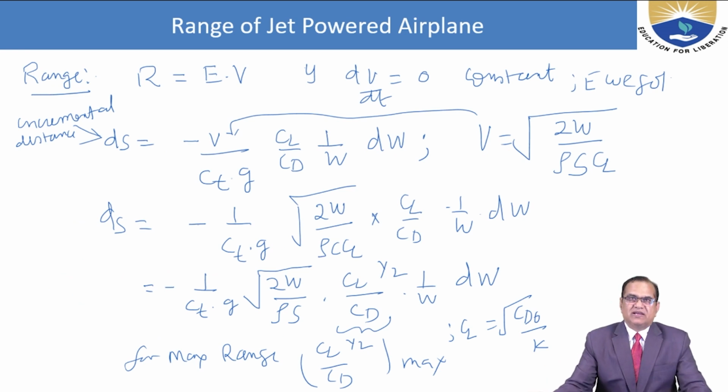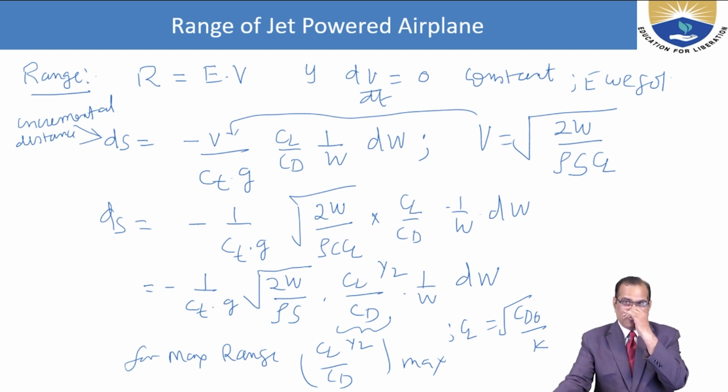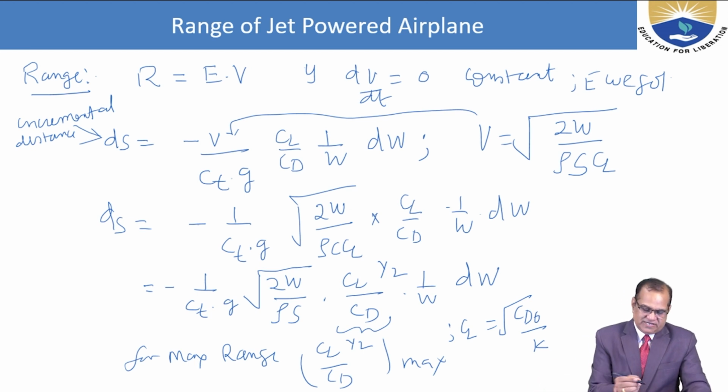Now we will calculate the range. We will derive the range of the jet powered airplane. It's very important to understand that range is a distance, and we know V is equal to S by T. So range is equal to S. I am writing range is equal to V into T, and T is your endurance, time.